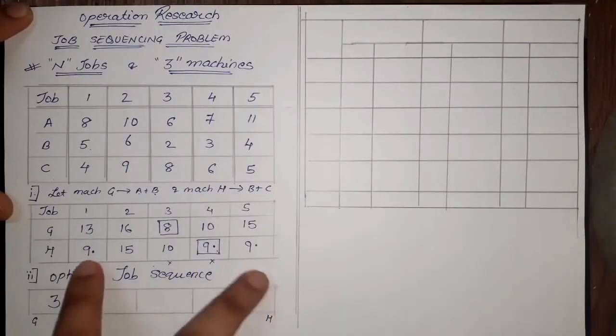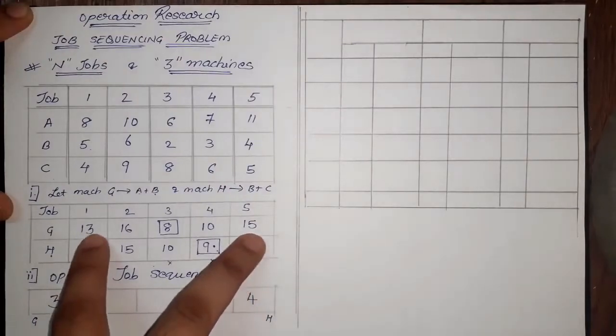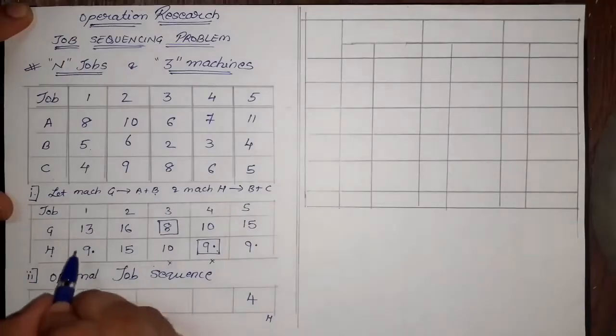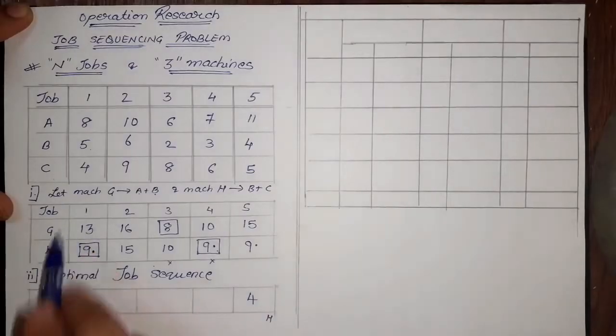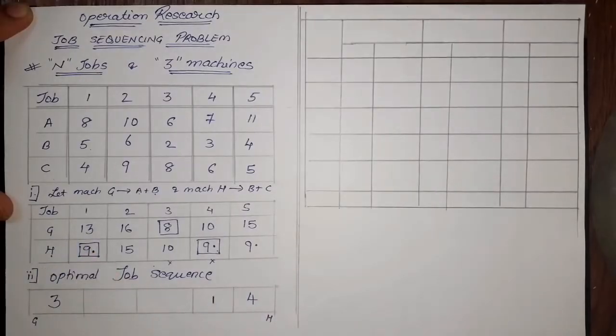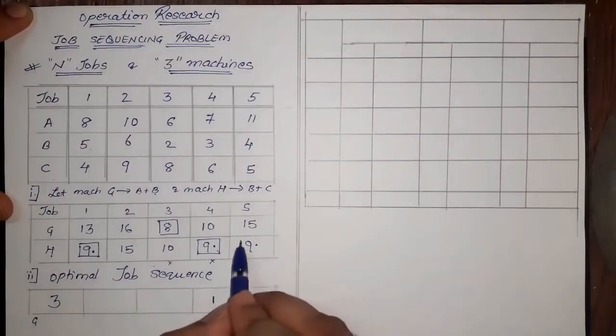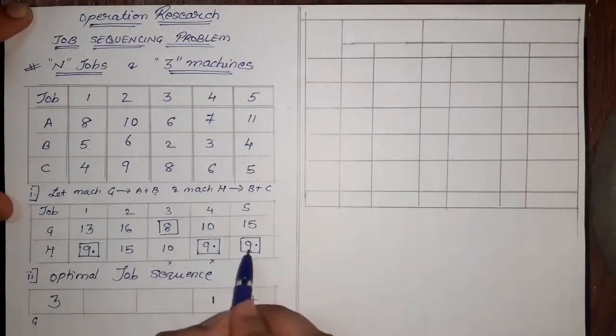Now the next lowest is again 9 itself. Again there are 2 nines, so we check the opposite side number. 13 being the lowest, this job will be selected. Again it is from H, so we'll note it on the right side. It represents job number 1, so we note down job number 1. The next is again 9, and it represents H, so again we note it down as job number 5.